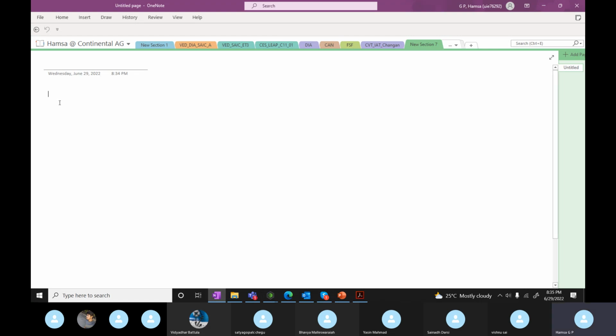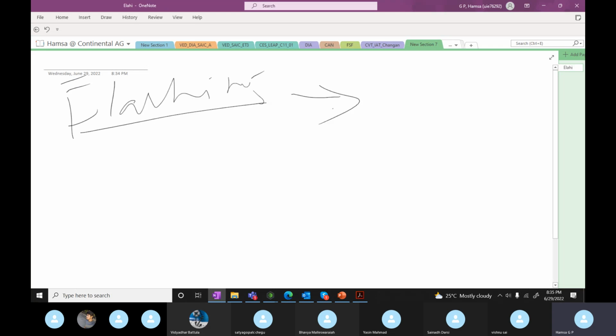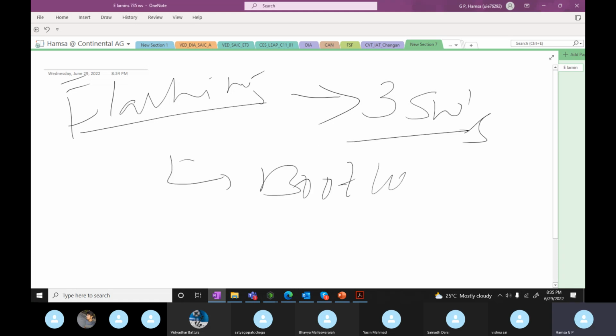Okay, first of all, whenever you are flashing the software, I'll come to what that calibration meaning is. Whenever flashing the software, you will flash three softwares basically. Even though you are a developer, you are going to generate three files.